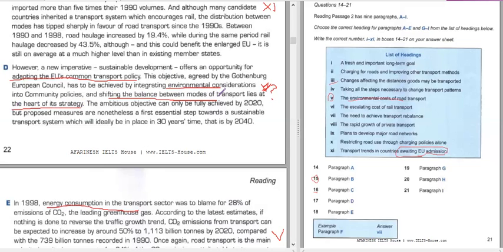So balance, do you see this balance and this rebalance? But sir, already they have given this paragraph F answer 7, and you can't repeat the answer. So that's why that did not click me. Okay, so it means that it is already selected, this option you have already taken out. Yes, sir.